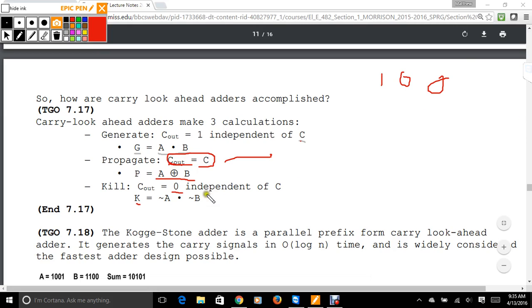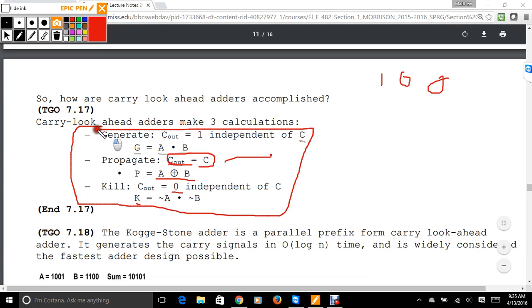Does that make sense? So it's basically taking the logic from an adder and figuring out what do we explicitly know. If we know that we have a 1 and a 1 on A and B, well, you're either going to get a carry in and you're going to have a carry out, or if you don't get a carry in, you're still going to get a carry out, right? See, if you're adding 1 and 1, you're going to get 1, 0, so you got your carry.